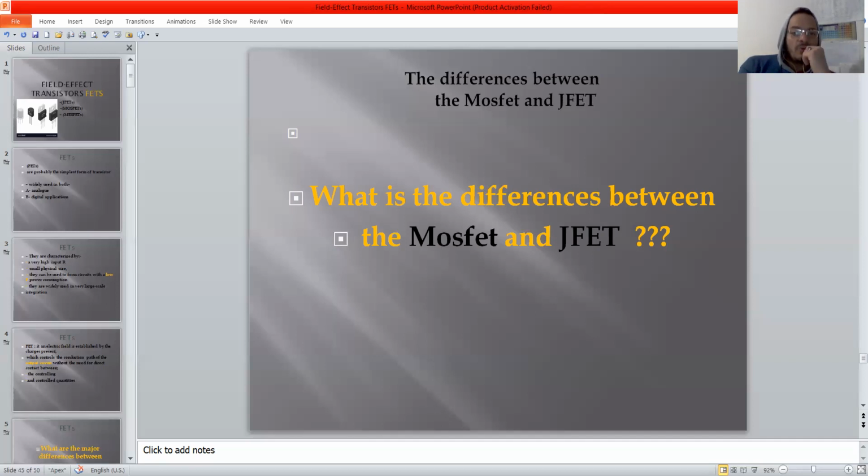Let's assume we're dealing with an N channel. The major part of the structure is the N-type material, which forms the channel between the impeded layers. Impeded layers means the holes at these two sides.